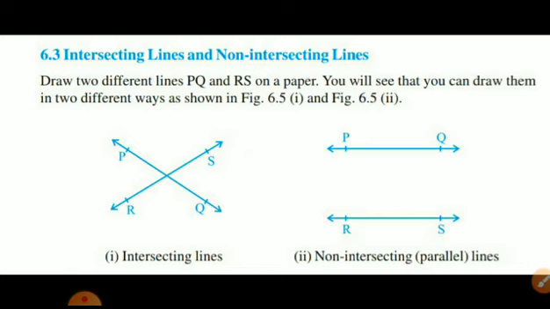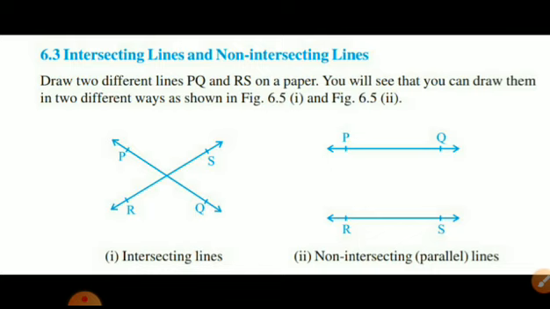Now, again, here we have intersecting lines and non-intersecting lines. Suppose I have any two lines in the same plane, then I have only two possible conditions. Either the two lines will intersect each other or they will not intersect. Intersect means they will cross each other.